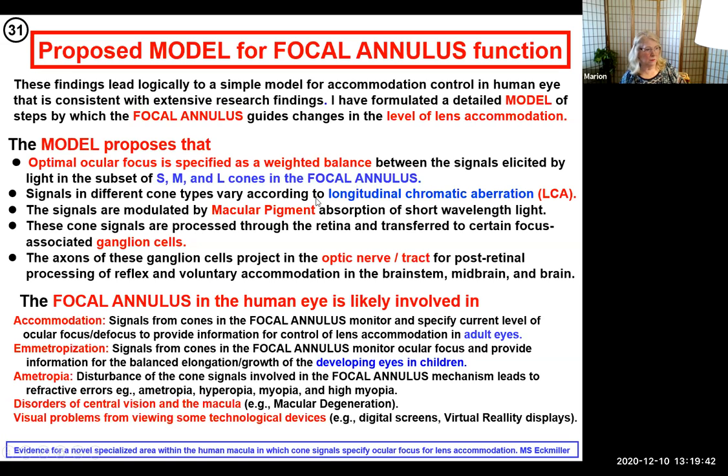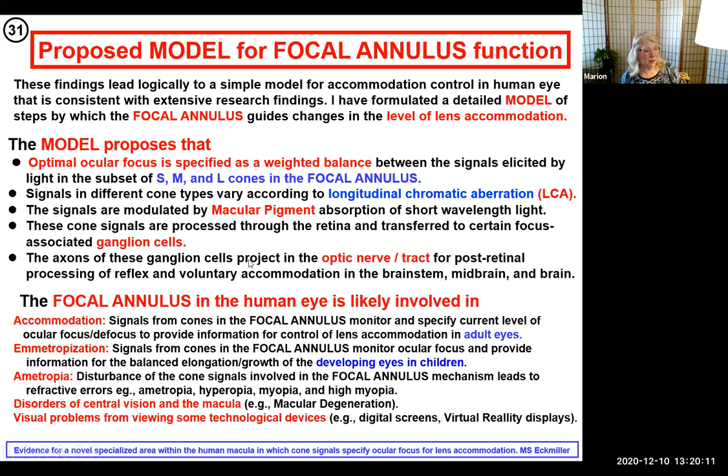These are special cones. The signals in these different cone types vary according to LCA. These cone signals are modulated by macular pigment absorption of short wavelength light. These cone signals are then processed through the retina by certain cells, and they are transferred to certain focus-associated ganglion cells that are there in the eye, in the macula.